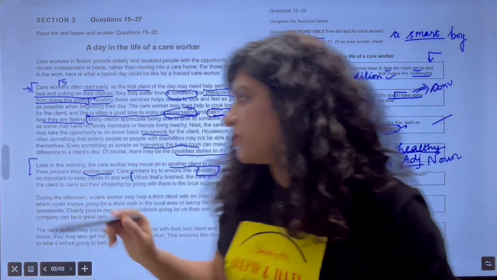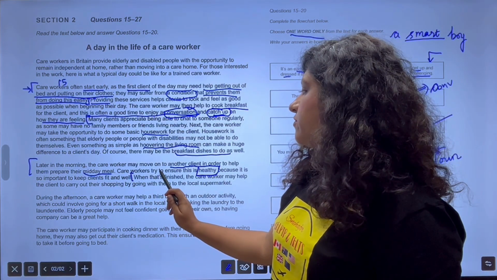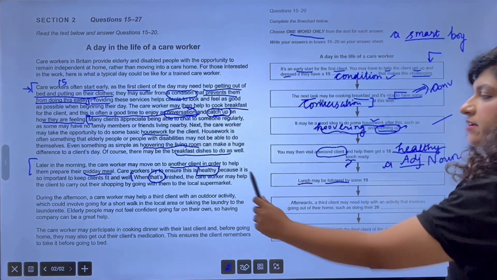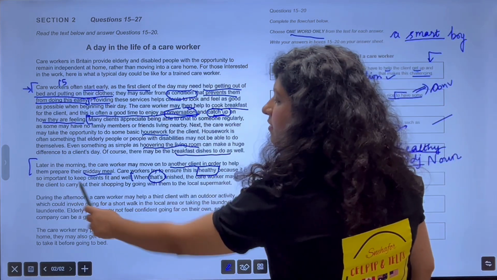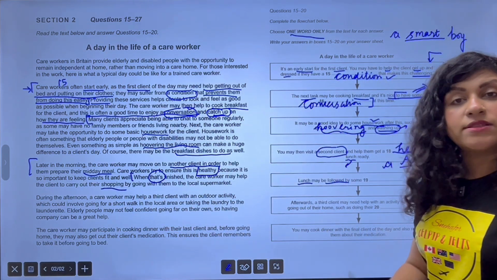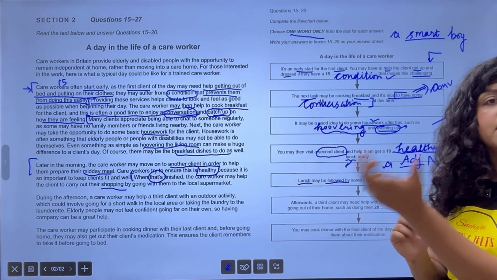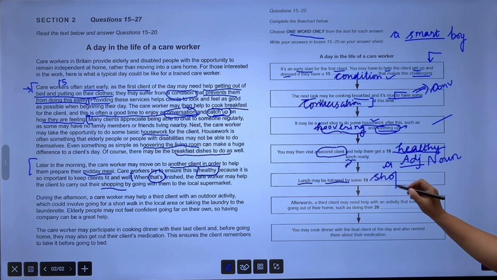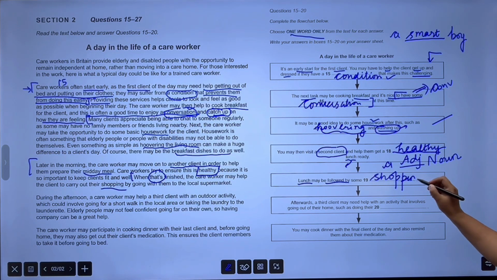When that is finished, that here refers to the midday meal, lunch. So when lunch is done, the care worker may help the client to carry out their shopping. So what's the next thing following the lunch according to the text? That is shopping. So that will be your answer: lunch may be followed by some shopping.